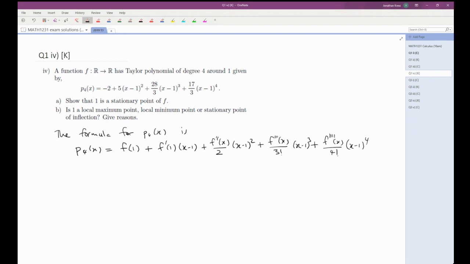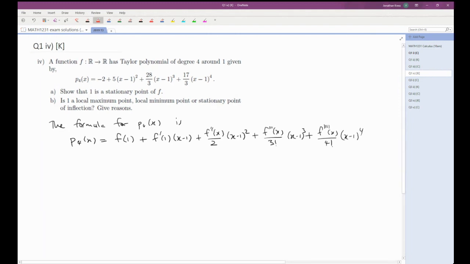And now you'll notice that there is no first order term in here. It's sort of missing. There's nothing in there. Okay, so f of 1, maybe I'll just use some different colors here. So that one is that one.